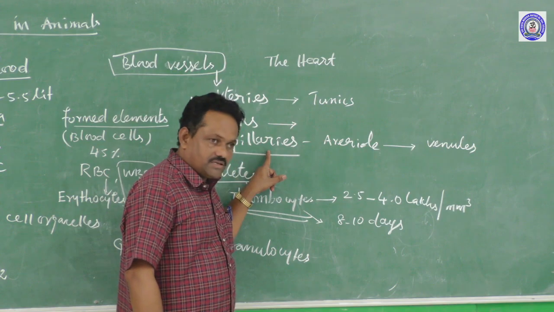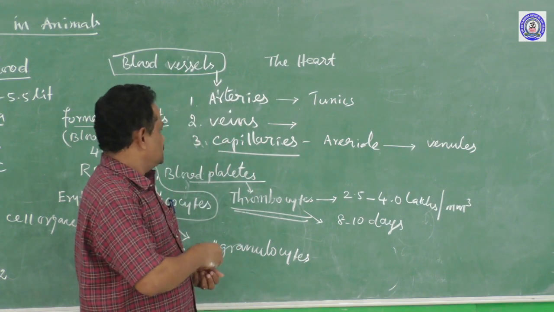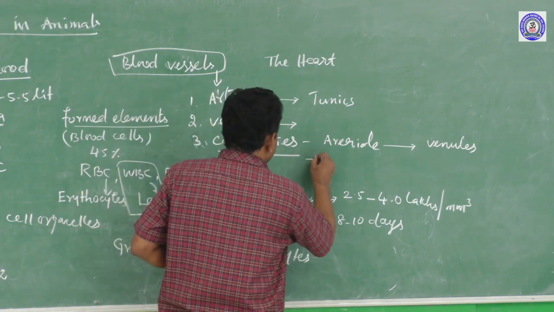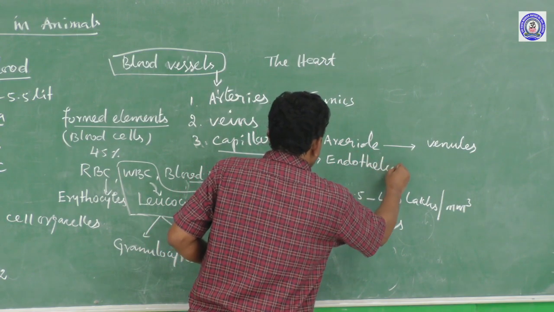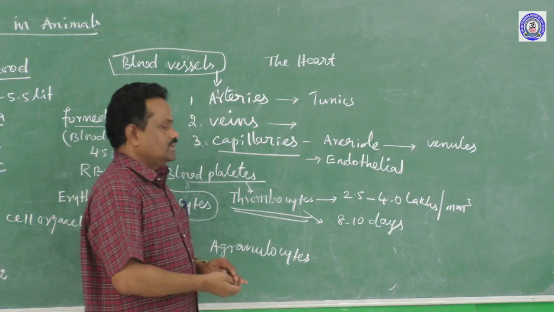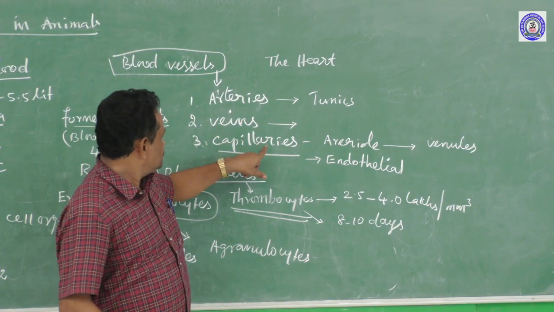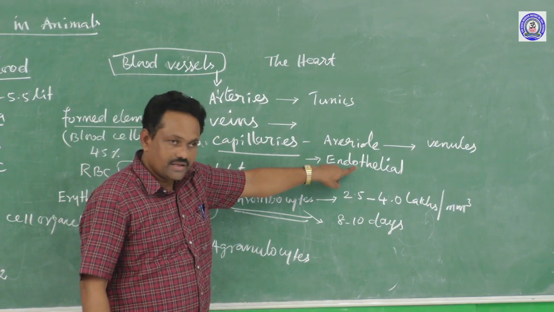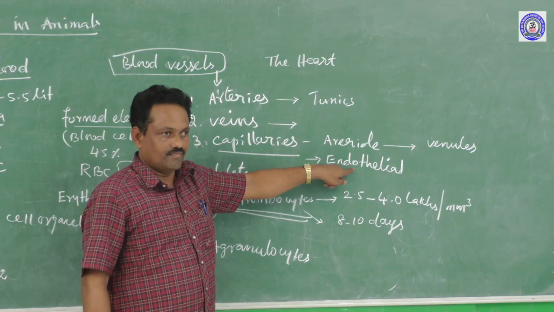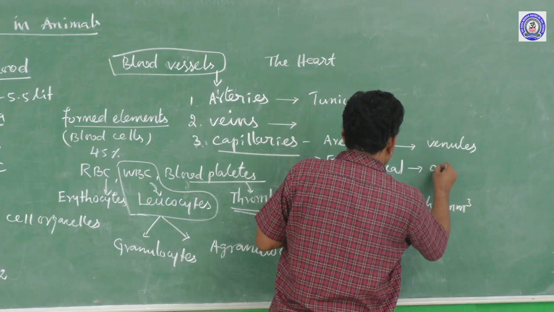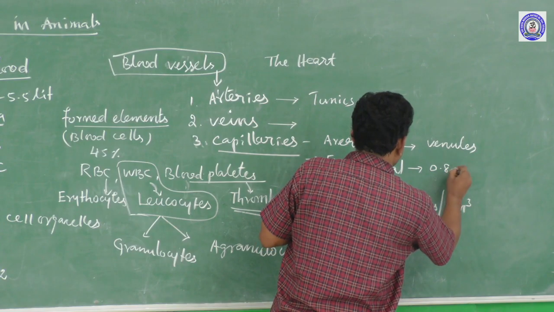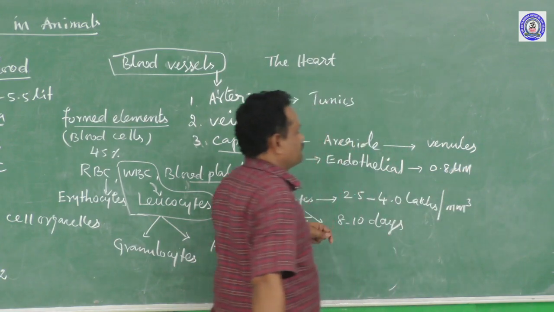These capillaries are made up of only a single layer of cells. The single layer of cells present in the capillary is called endothelial cells, and the thickness of the capillary wall is about 0.8 micrometer.